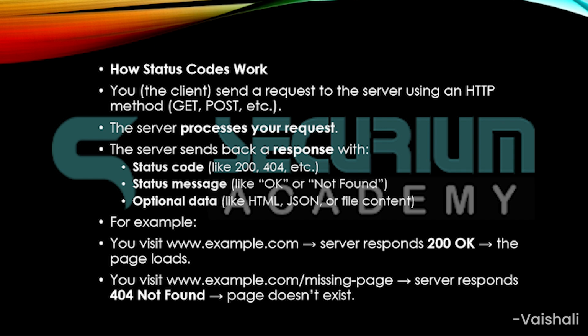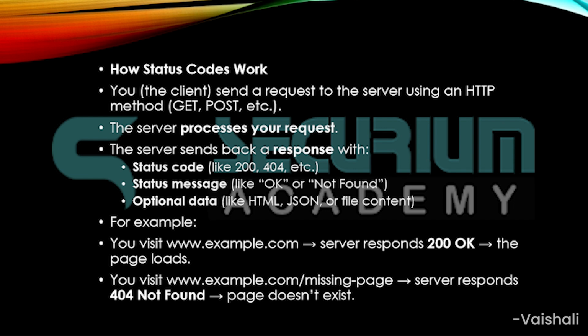Now, how do status codes work? The client sends a request to the server using an HTTP method like GET, POST, etc. The server processes your request, then sends back a response with a status code like 200, 500, etc., and a status message like OK or Not Found, plus optional data like HTML or file content.